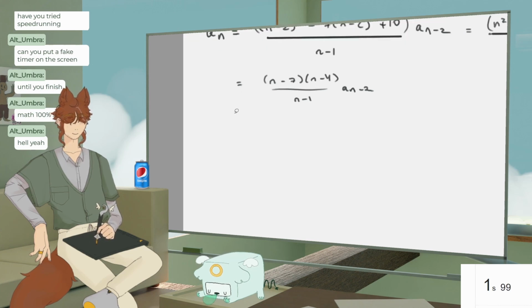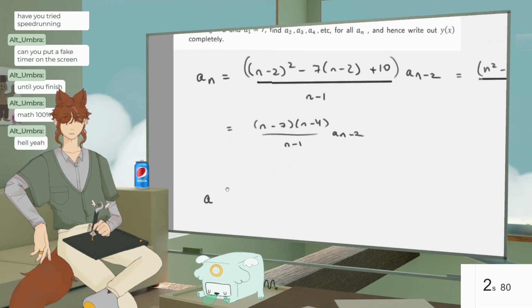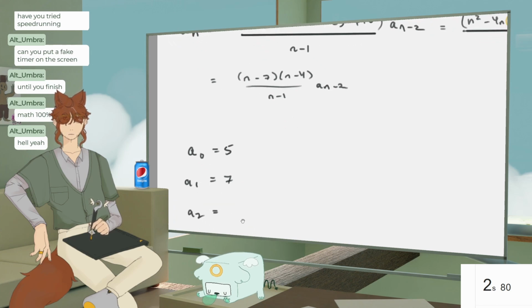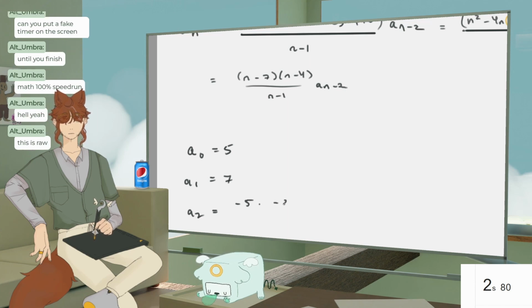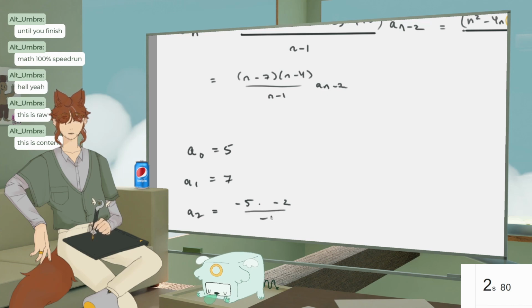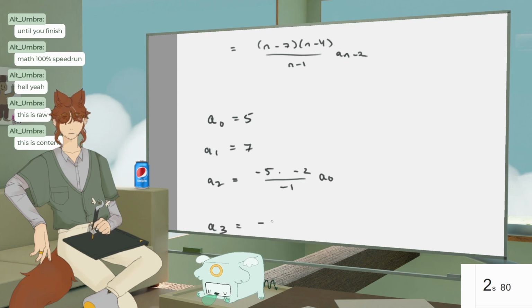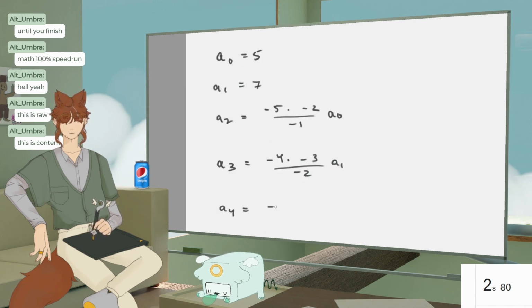Okay. I'm losing everything. Okay, what do I need? A0 equals 5. A1 equals 7. A2 equals... Okay. Minus negative 5 times minus 4 over minus 1. Negative 1 times A0. A3 equals negative 4 times negative 3 over negative 2, A1. A4 equals negative 3 times negative 4 over negative 3.